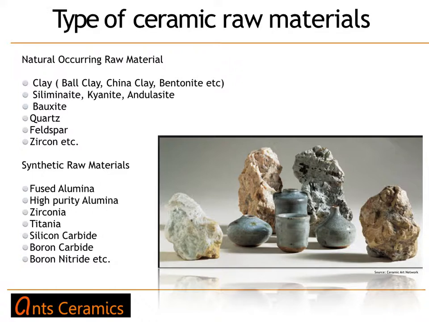In naturally occurring raw materials, we use different kinds of clay like ball clay, china clay, bentonite, etc., quartz, feldspar, sillimanite, kyanite, anthracite, bauxite, zircon, etc. In synthetic raw materials, we manufacture fused alumina, high purity alumina, zirconia, titania, silicon carbide, boron nitride, etc.